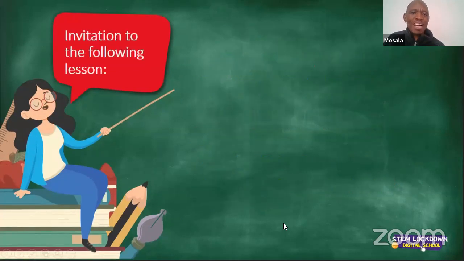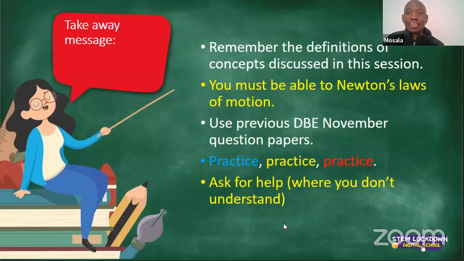Now, remember the definitions and concepts discussed in this particular lesson. You must also be able to remember the laws, not Newton's laws, but the laws of reflection, and Huygens' principle. You must be able to remember definitions like what is refractive index, what is angle of refraction, what is refraction, what is critical angle, and when does total internal reflection occur.